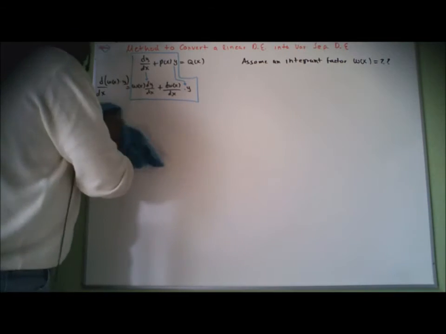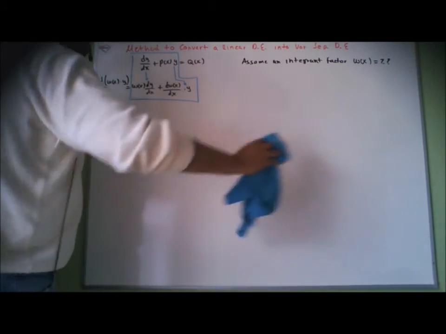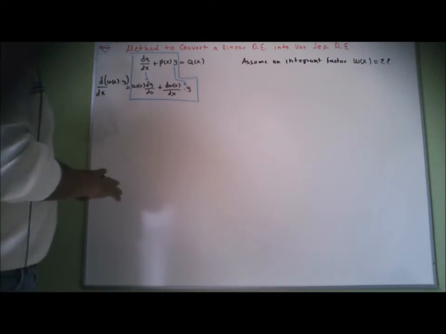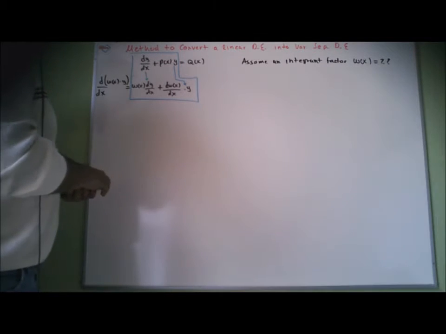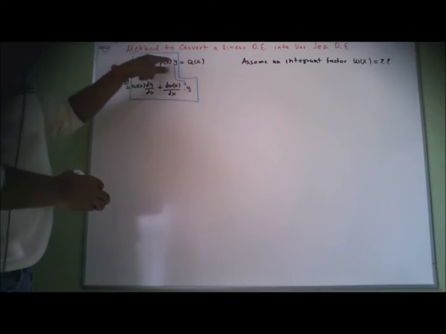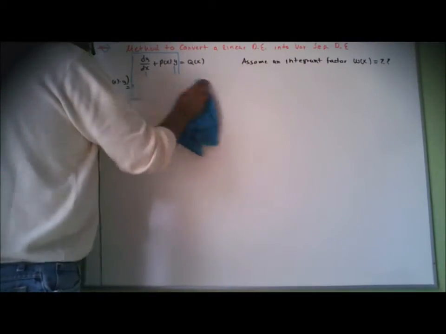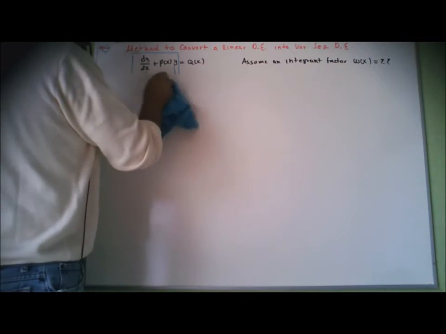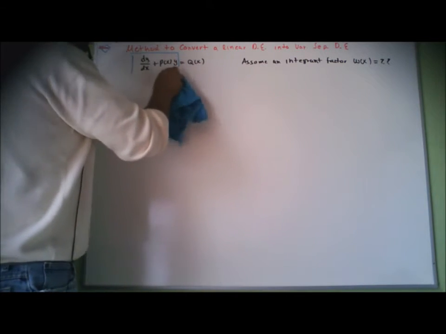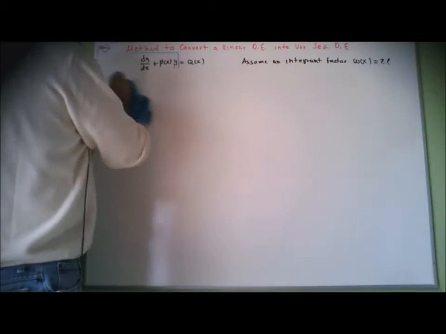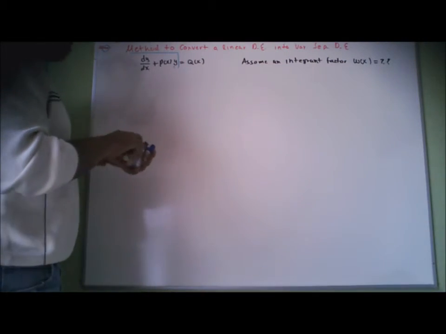Okay, so can we make them equal? But first of all, what we need is to multiply w of x times this thing. So let's do that. This is just an introduction of what we are going to try to achieve. So let's assume that you have that w of x and you multiply it times the differential equation.